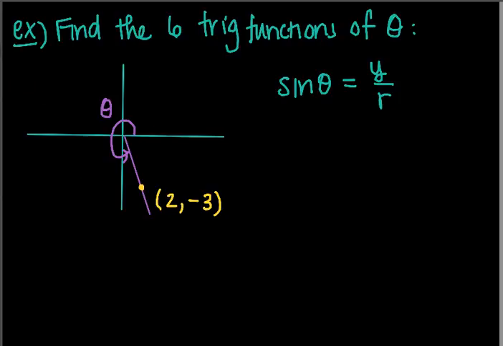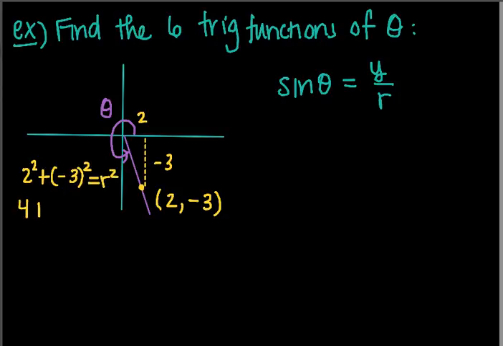And again, a lot of times when I do these, even now after doing this for quite a while, I like to build my triangle here just so I can see to myself, well, I know this is -3, I know this is 2, and then what would r be? Well, that's 2 squared plus a -3 squared equals r squared.